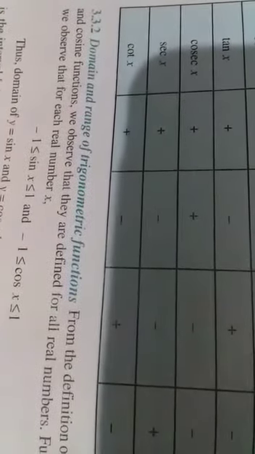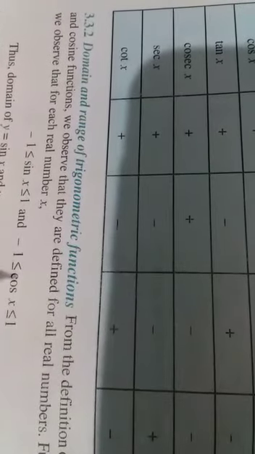And cot x is positive in the first and third quadrant and negative in the second and fourth quadrant. This thing we have to remember: in which quadrants sin x, cos x, tan x, cosec x, sec x and cot x are positive and negative, because this will help us in solving problems.